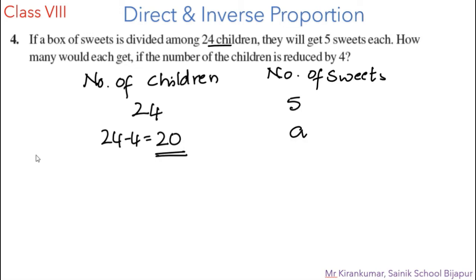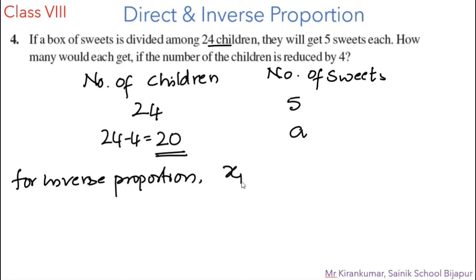When the number of children decreases, the number of sweets each one gets increases. So it is in inverse proportion. For inverse proportion, we all know that x1 y1 is equal to x2 y2.